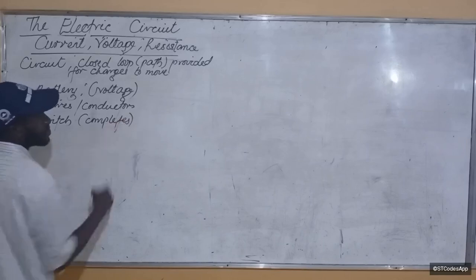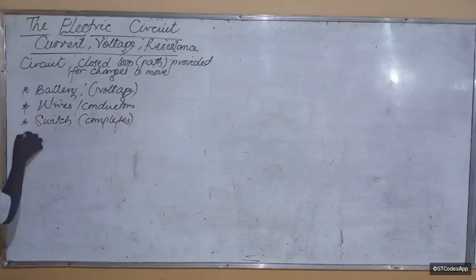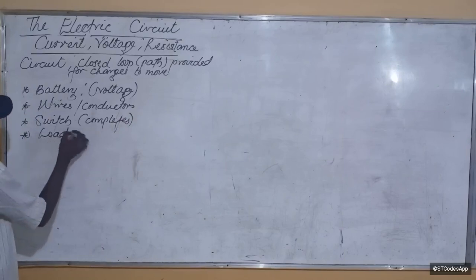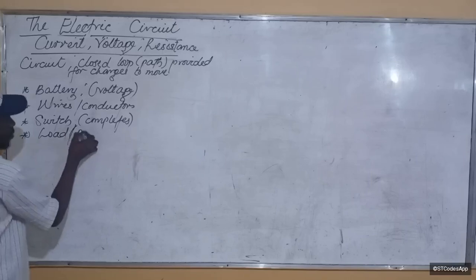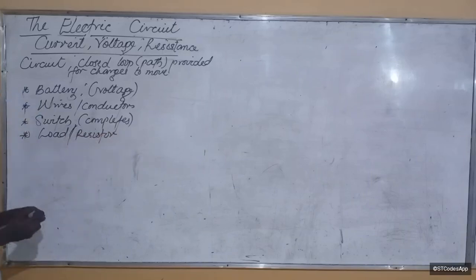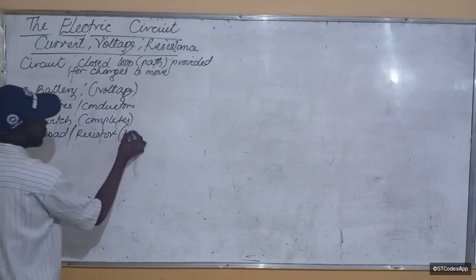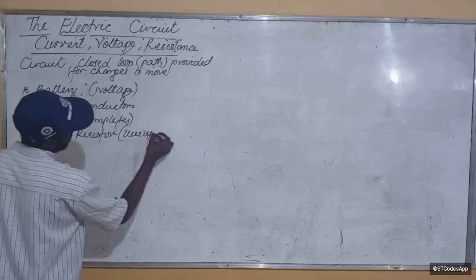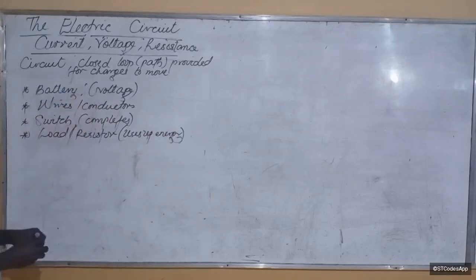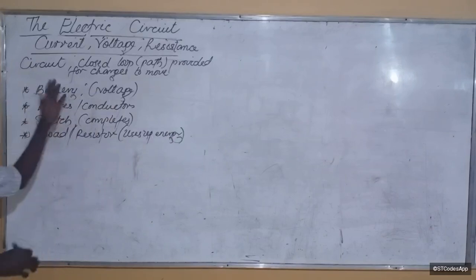And we have the load. The load could be a resistor, something that uses up energy. So the energy provided is the voltage. Is that clear? All right. So we already know these are the components of the circuit.